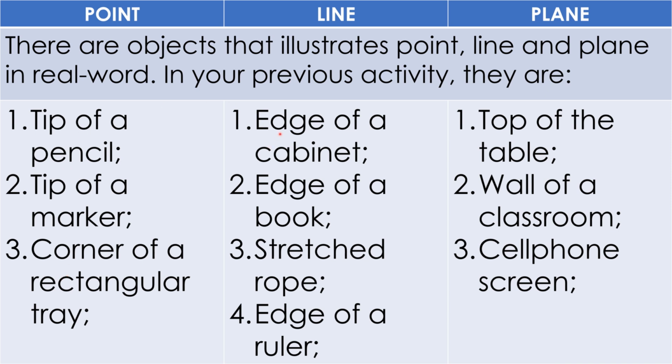Now, on the second column, we have here edge of a cabinet, edge of a book, stretched rope, and edge of a ruler. These are also examples of objects that illustrate line. Now, in the last column, we have objects that illustrate plane. First is top of the table, second one is wall of a classroom, and the third one is cell phone screen.